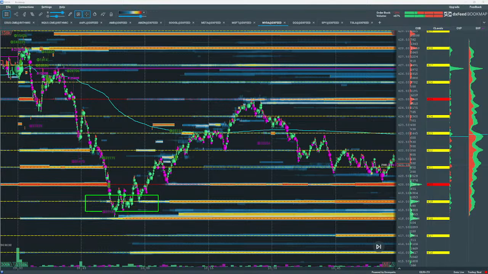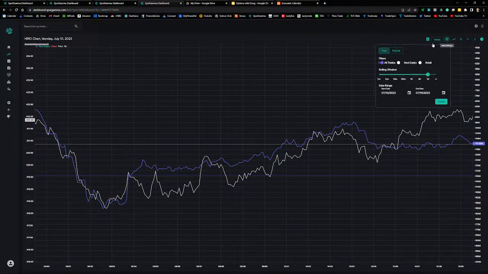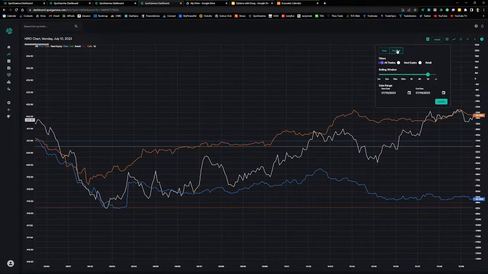And let's just go back to HIRO. I'm going to separate out puts and calls. And this makes it more clear, and actually shows that option traders started buying calls as price continued lower.